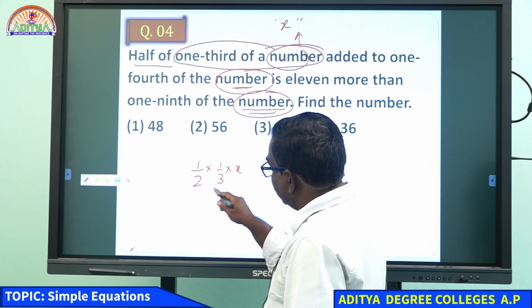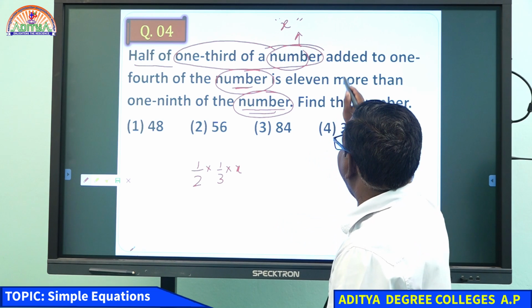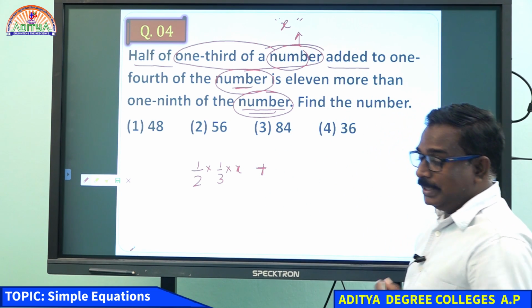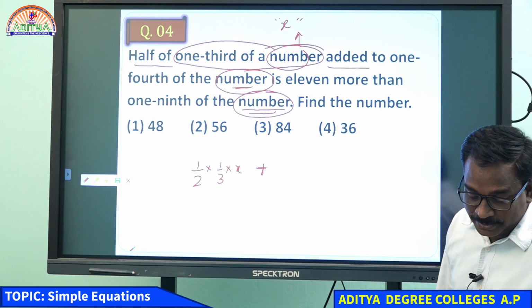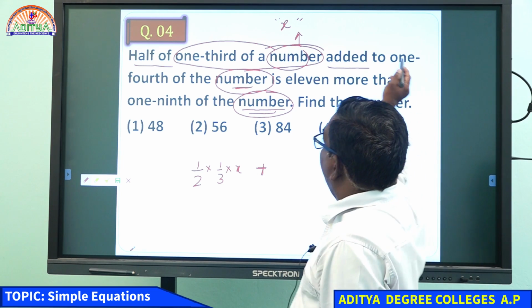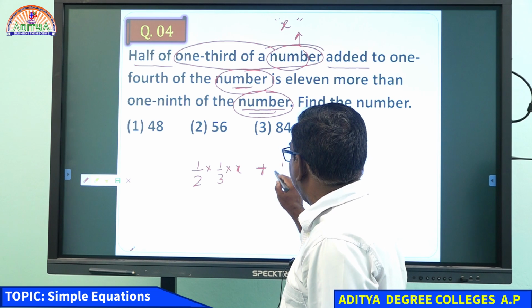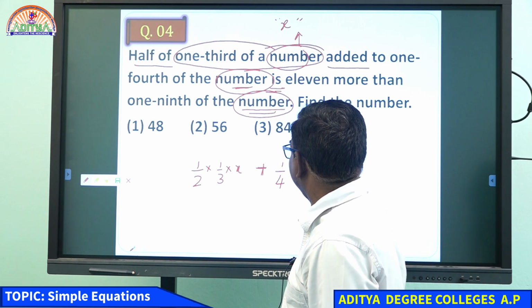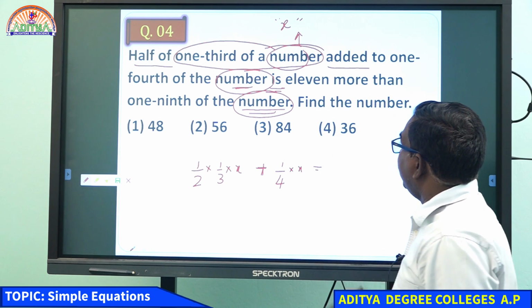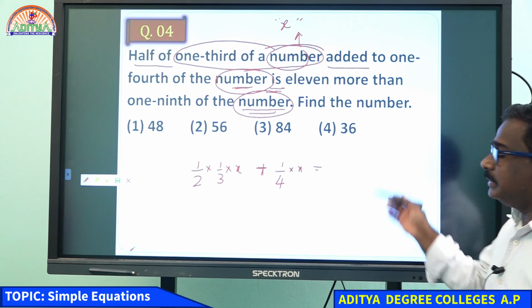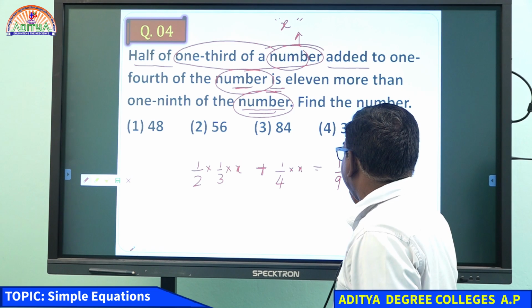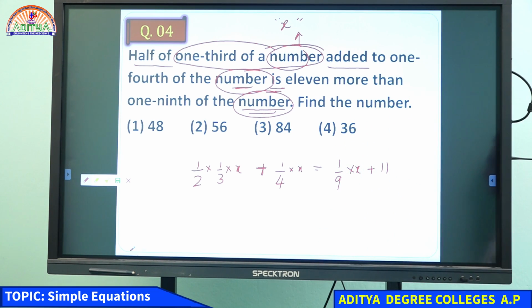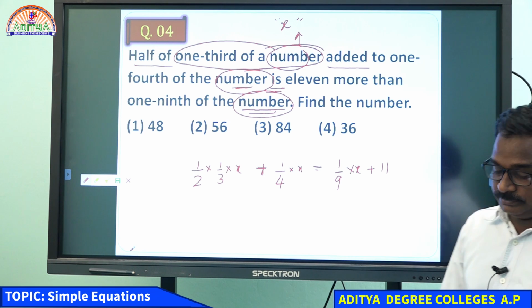Half of 1/3 of this number added, plus, 1/4 of the same number is 11 more than 1/9 of the same number. That is the equation we need to get here.